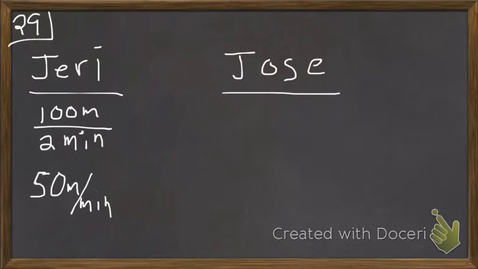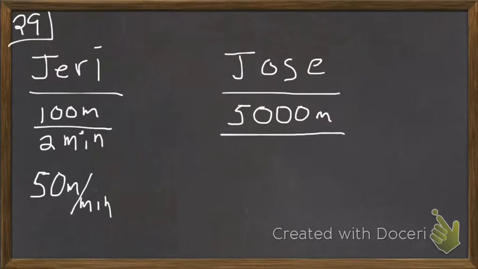Alright. And Josie could do 5,000 meters in 90 minutes. Alright, so if we calculate that one out. Wait, 5K, 90 minutes?